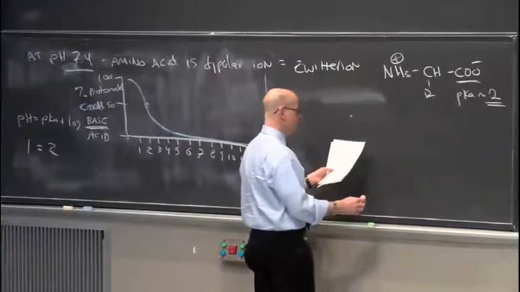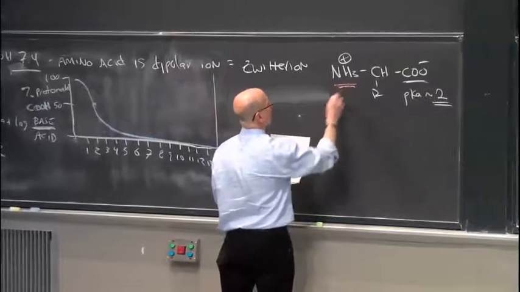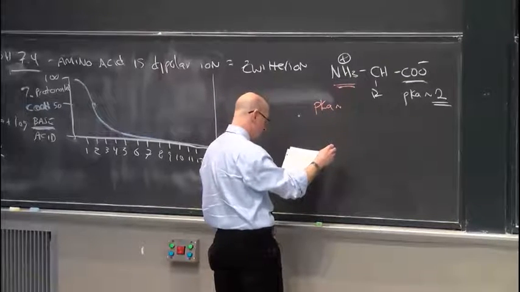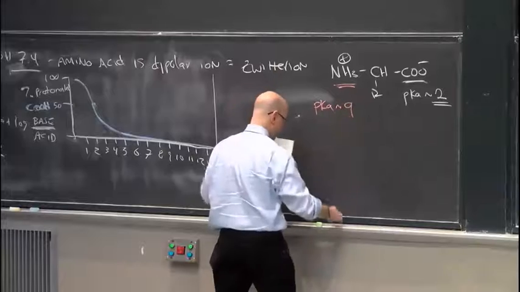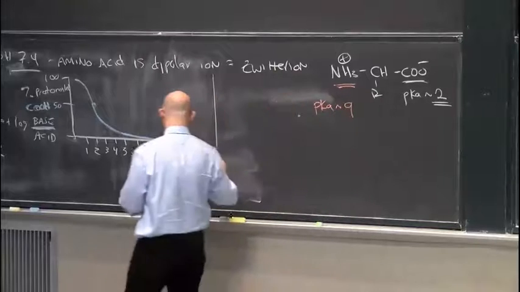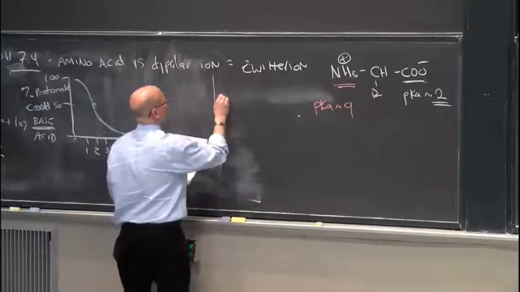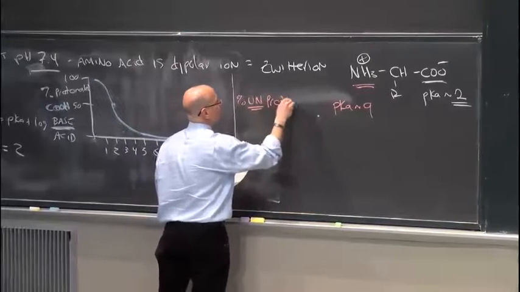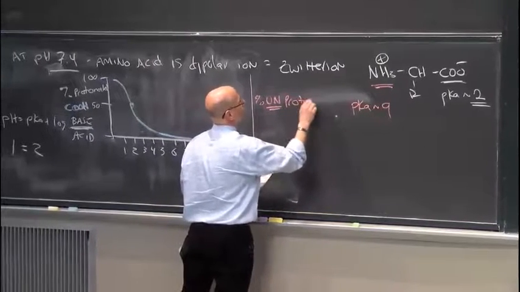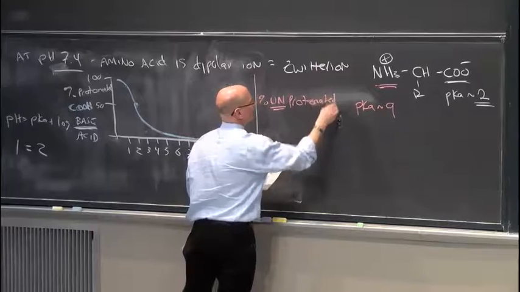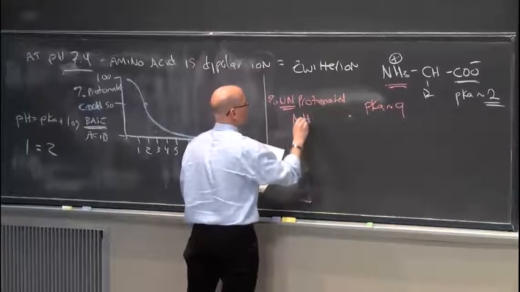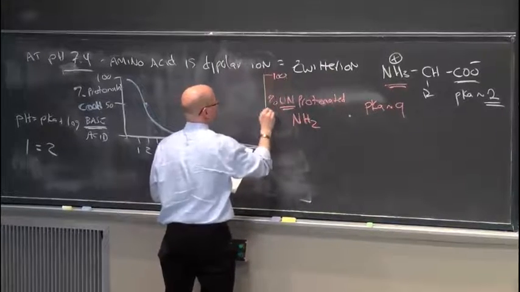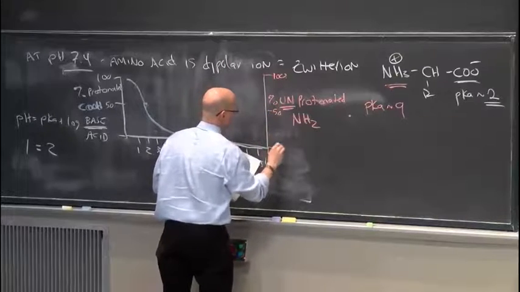Okay. This amino group has a pKa of somewhere around 9. Okay? So that means if I plot here the percent unprotonated amino group, and here's 100, here's 50, 0.